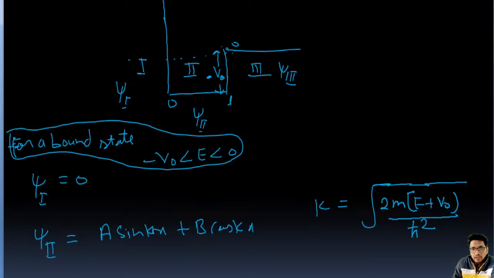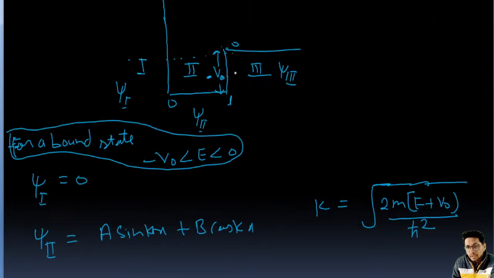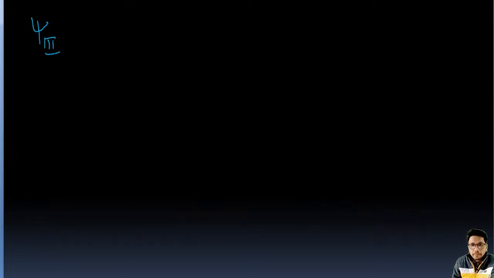Now we will find the wave function for region third, this region here, where V equals 0. So this is going to be c e to the power minus gamma x. Right?